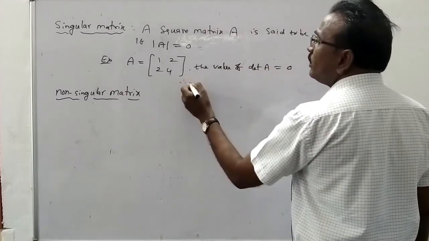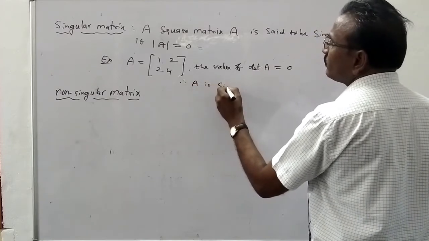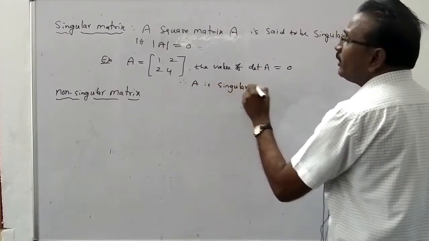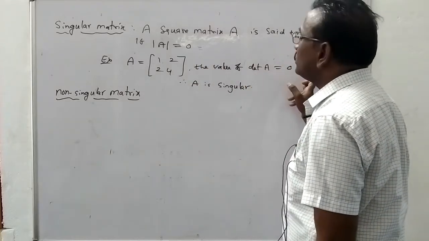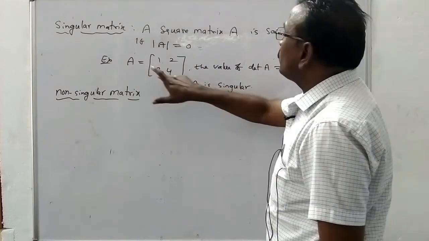Therefore here A is singular. That means when the determinant of a matrix is 0, the matrix A is called a singular matrix.